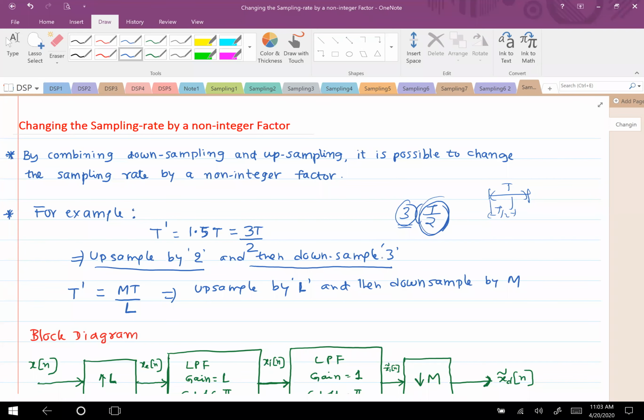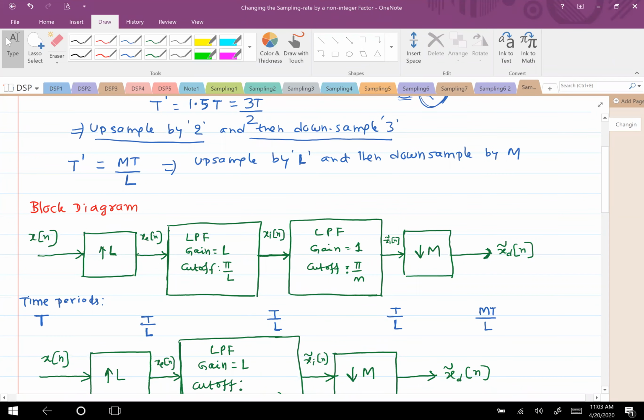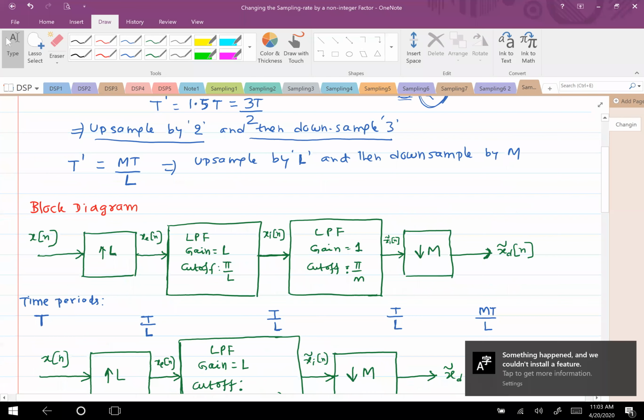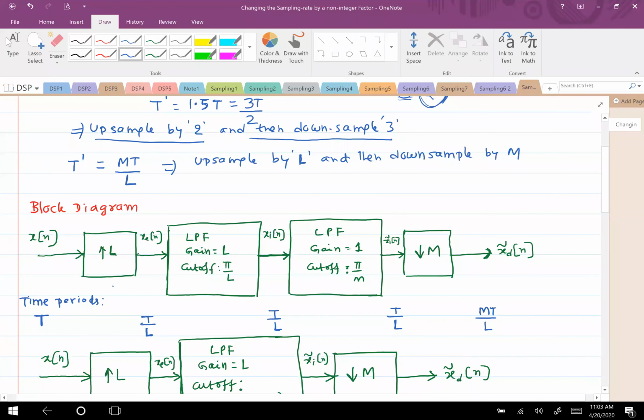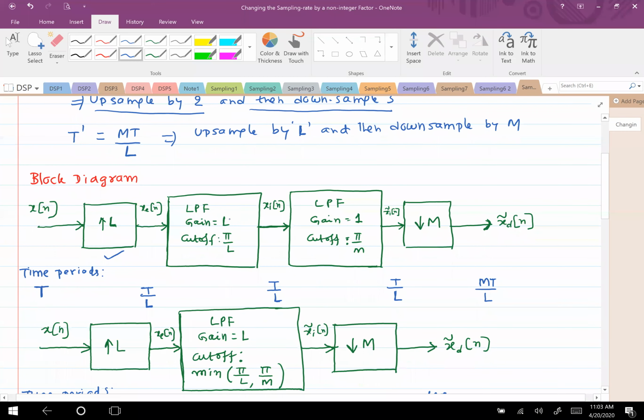Okay, so that's the sequence you do, and then take a look at here. This block diagram is, for example, first you do upsampling. This is the expansion step, followed by a gain of L and cutoff of pi by L, which we just discussed, right?